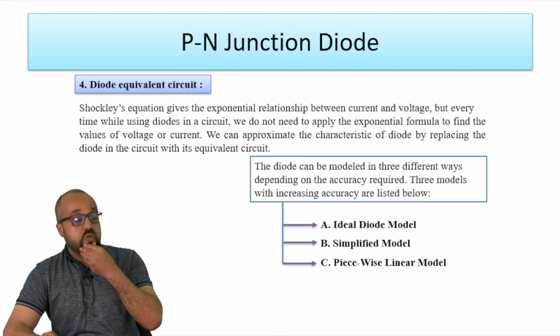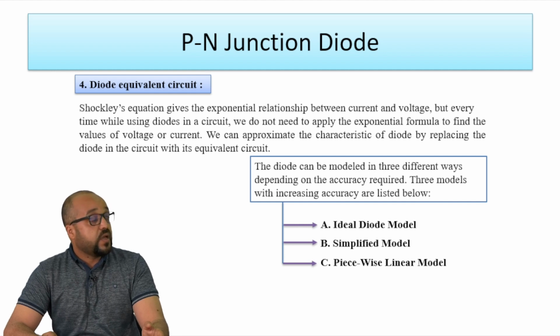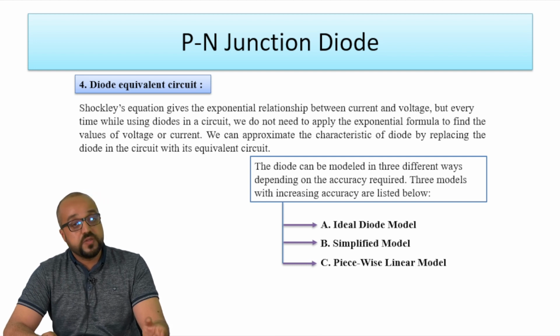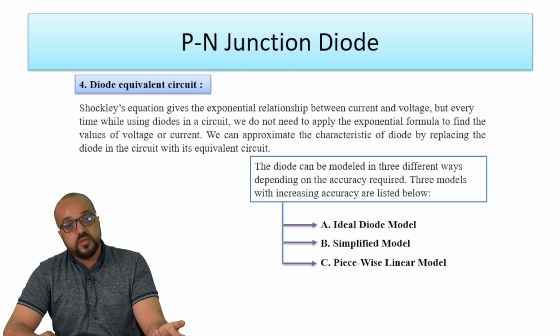Now we move to the diode equivalent circuit. As you know, the diode equation gives the exponential relationship between the current and the voltage, but every time while using the diode in a circuit, we do not need to apply this complex equation to find the voltage or the current.